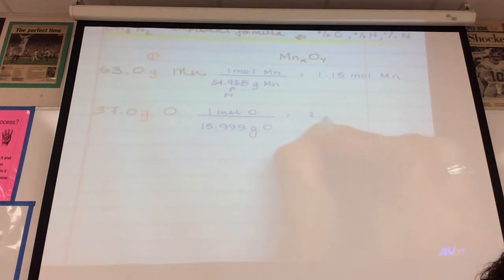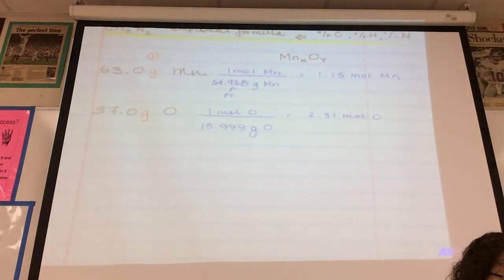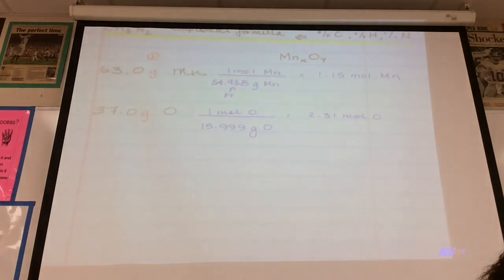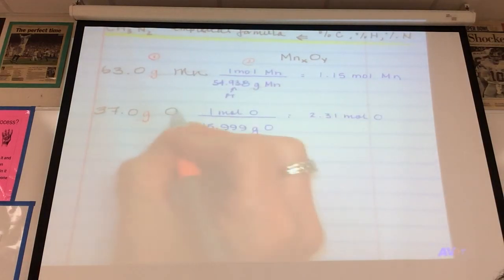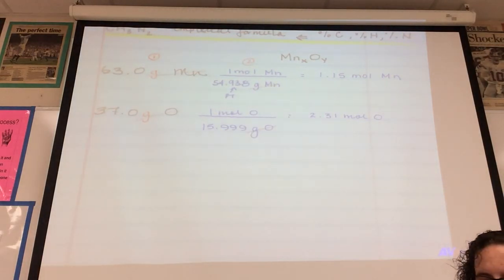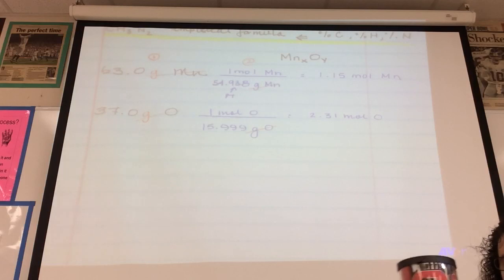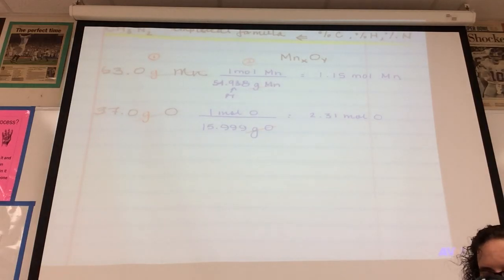And that's 2.31 moles of oxygen. And again, this is step 2, the conversion of mass to moles. And you were very successful on your quiz, so I don't foresee any problem.